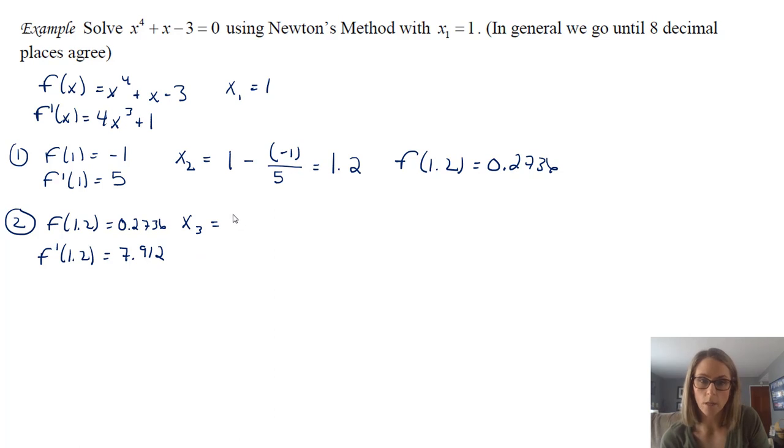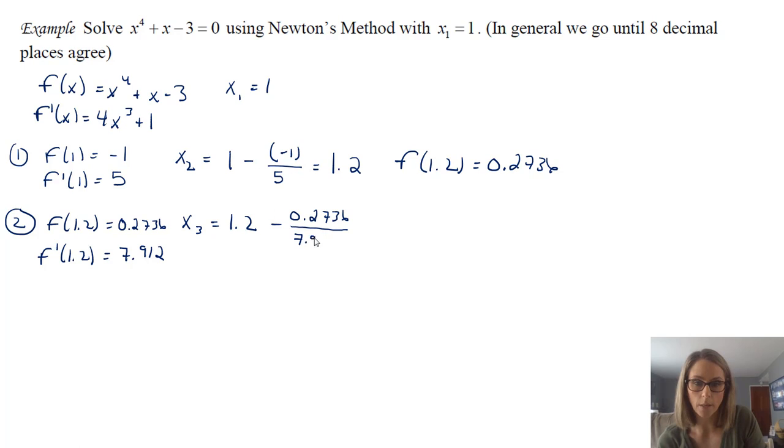So I simply take my x sub 2, which is 1.2, I subtract 0.2736, and I divide by 7.912. And in this case, you'll start seeing that you're going to be getting numbers that are just decimals, and that's not surprising.